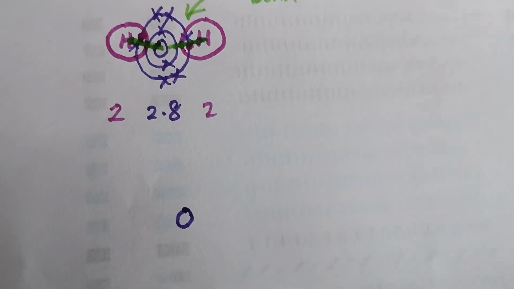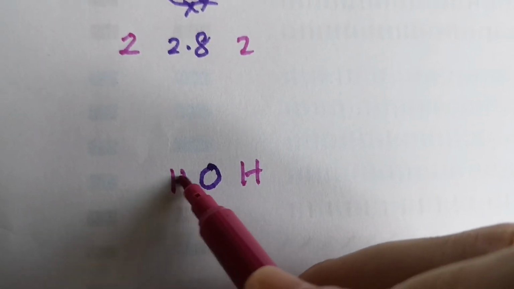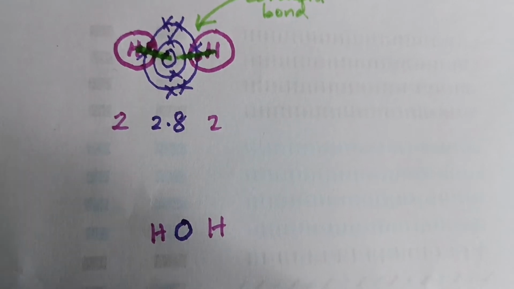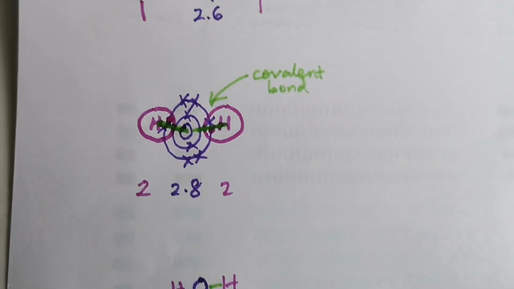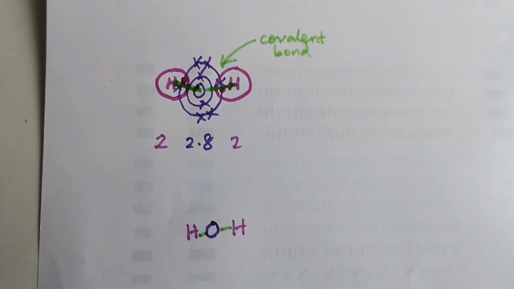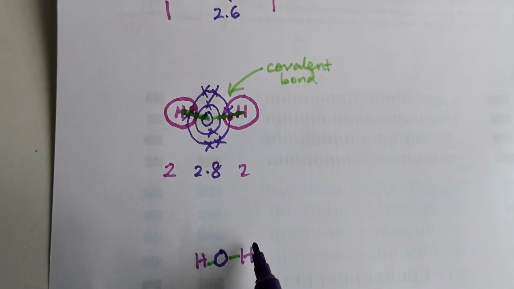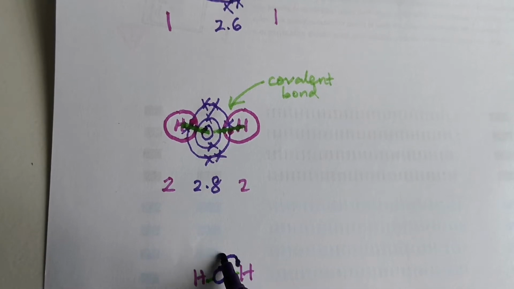Okay, I'll draw here. This is oxygen, and then we have hydrogen and hydrogen. Okay, this is the covalent bond. All right, so because oxygen is very electronegative, it has a higher tendency to pull the electrons to itself.